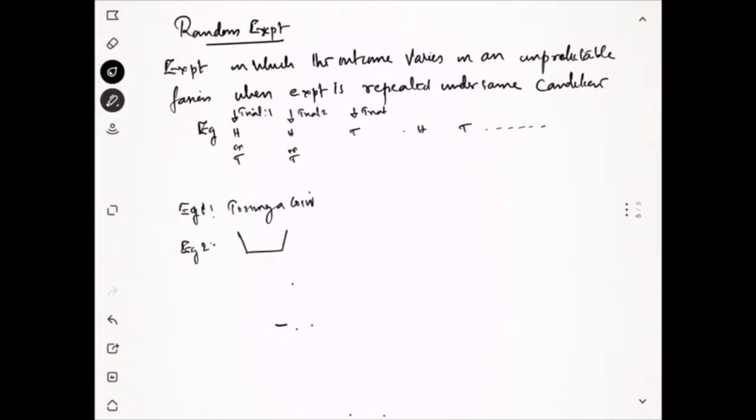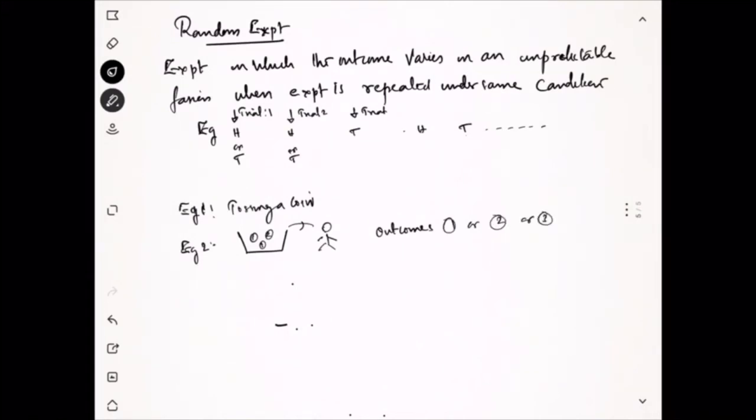Suppose you are having an urn which contains some balls numbered 1, 2, 3, and you are picking a ball. So possibly the outcomes may be the first ball, or the second ball, or the third ball.